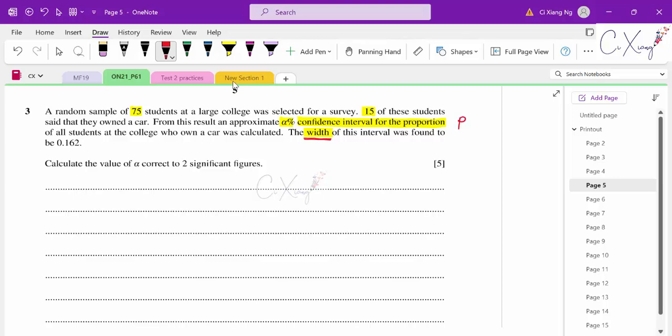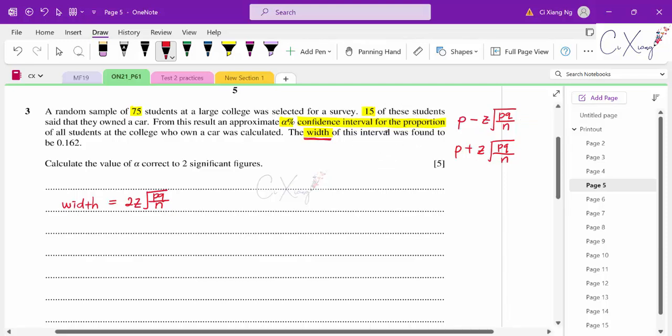So this is your lower limit, P minus Z times square root of PQ over N. And the upper limit will be P plus Z times square root of PQ over N. If I take the upper limit minus the lower limit to get the width, you will have 2Z times square root of PQ over N. So this is the width formula for a confidence interval for the proportion.